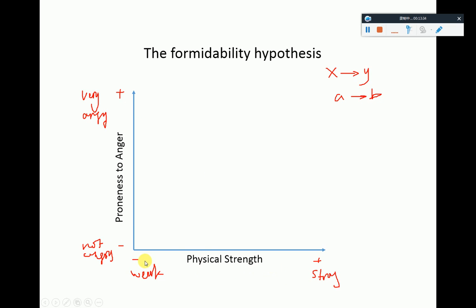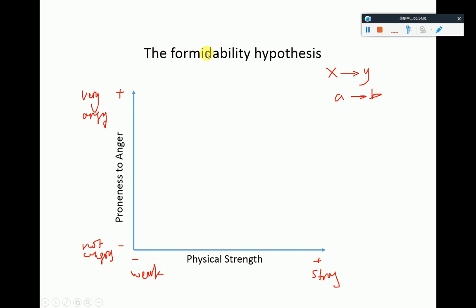So we know that if a value moves from this end of the scale to this end of the scale, that means a person gets stronger and stronger. Similarly, if a value moves from this end of the continuum to this end of the continuum, that means a person becomes angrier and angrier. Okay?